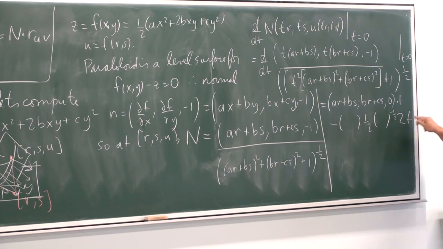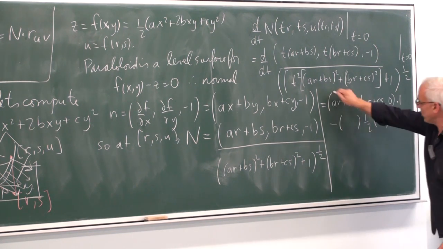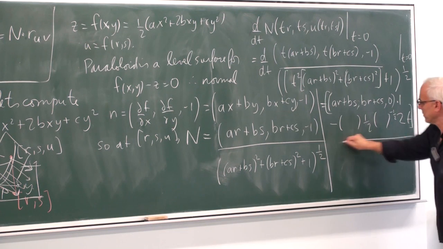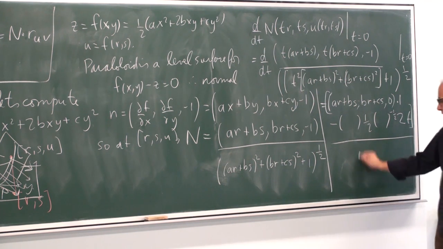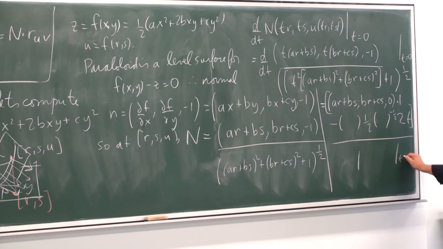Okay, and that's all we care about, that 2t there, because when we set t equals 0, that's going to be all 0. Okay, so that's all the numerator. And then we have to take the denominator squared and set t equal to 0. So when we do that, we also get 1. So this is all set at t equals 0.